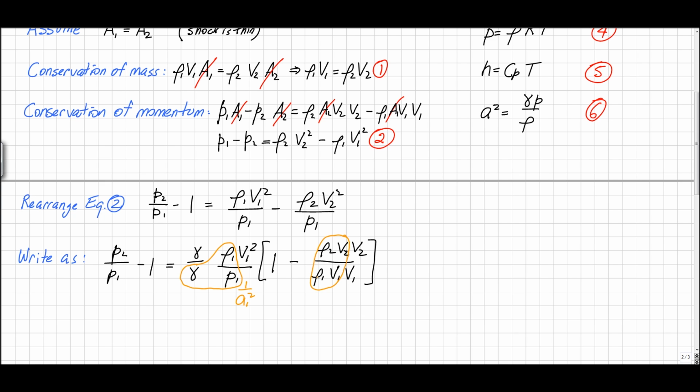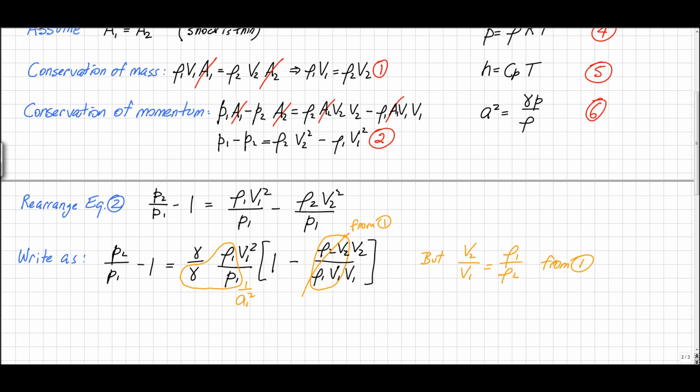So that can go out. The other thing we'll note is that V2 over V1 is equal to rho 1 over rho 2, just rearranging equation 1.